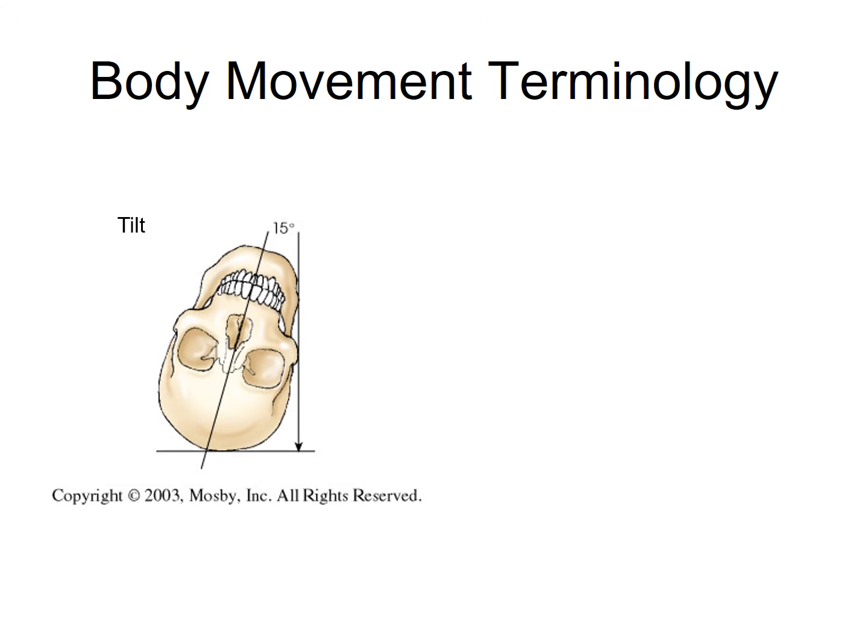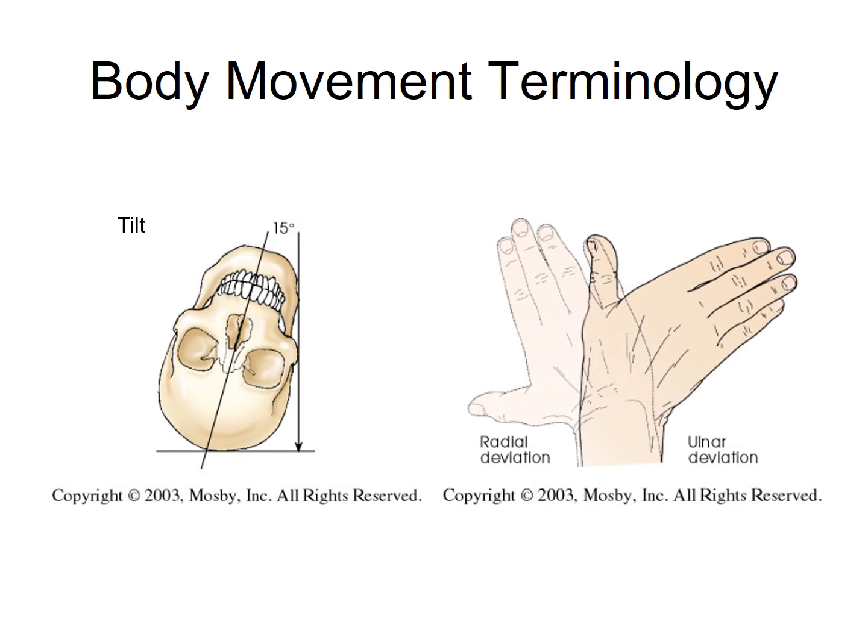So a tilt. And then with the hand, if I take my hand and I turn my fingers outward, that's called ulnar deviation. If I turn my fingers the opposite way, that's called radial deviation. So we've got ulnar deviation and radial deviation.